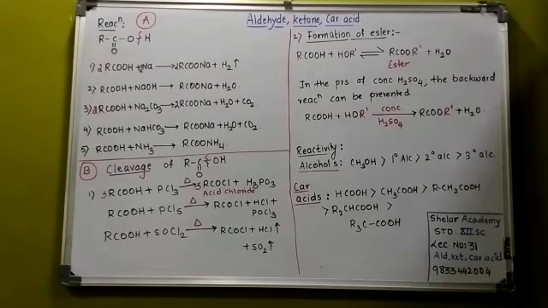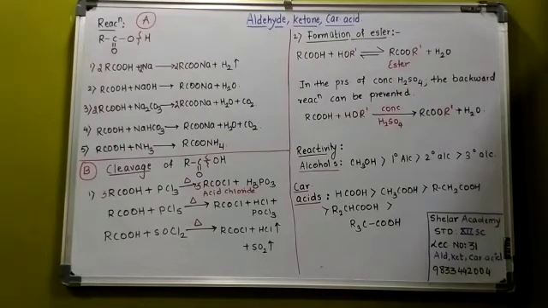That is called as esterification. Esterification matlab it is the preparation of a ester, a very important reaction I could say, where the bond breaks between carboxylic acid का OH and H from alcohol is removed.